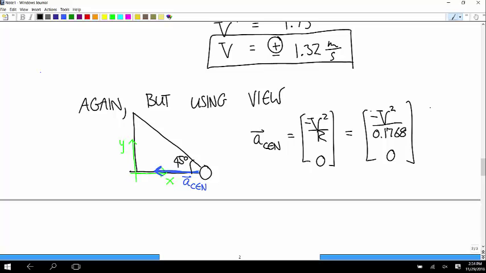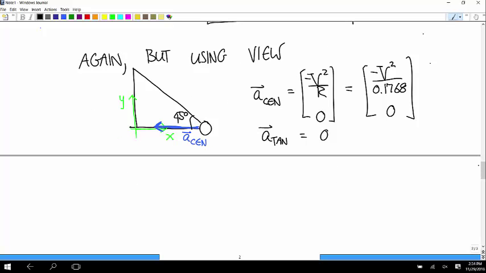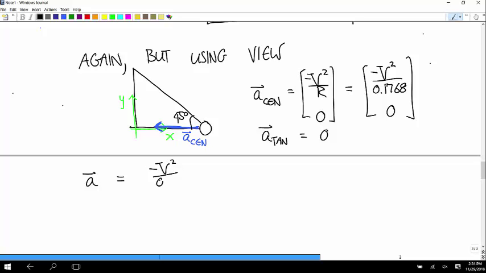And what's the tangential acceleration? Yep, that's always true in any tetherball problem. And so the total acceleration is negative v squared over 0.1768, and then 0 for y.